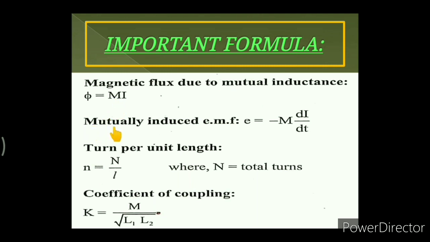And the mutually induced EMF E is given as per Faraday's law as minus M di upon dt. Next, the turns per unit length we are considering as small n, which is given as capital N upon L, where capital N is the total turns of the wire there.